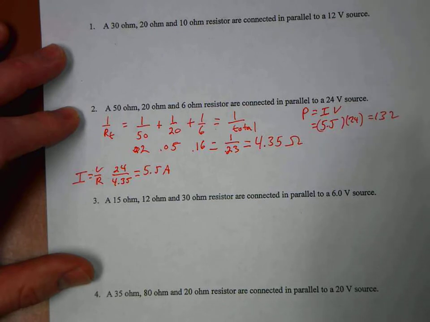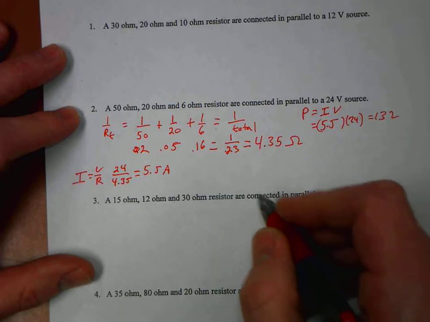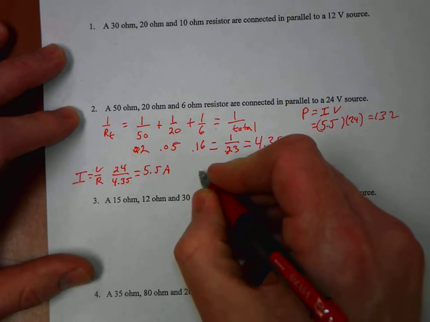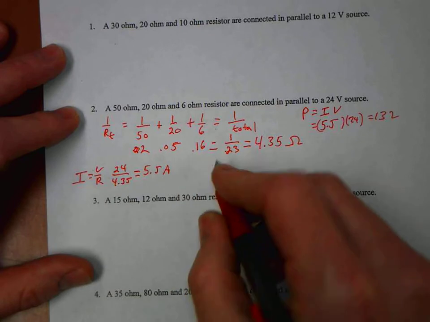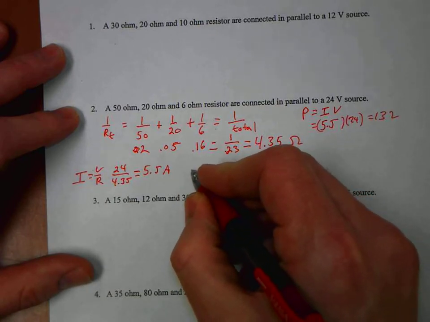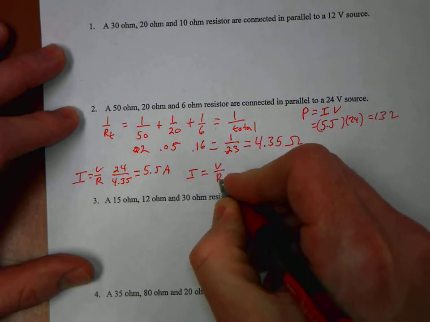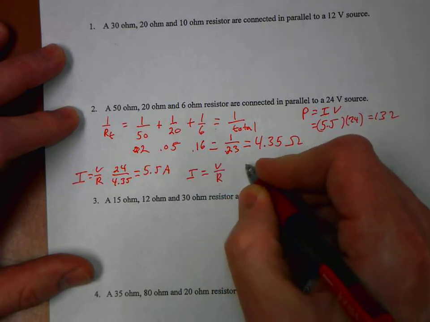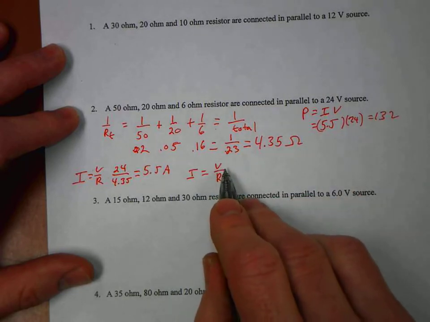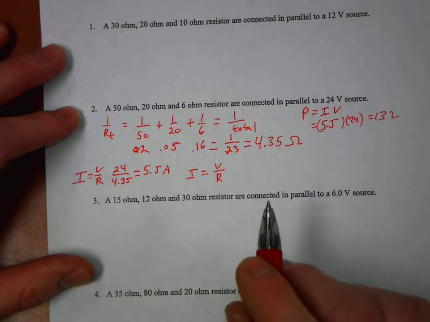Now we have the current in each resistor. Remember that the current in each resistor will change based on the resistance in each of those branches. So let's figure that out. We want to do current in each resistor. So we're back to our original formula. So we know that current is going to be equal to voltage divided by resistance. Well, let's take a look. Does the voltage change? No, that's the key to a parallel circuit.